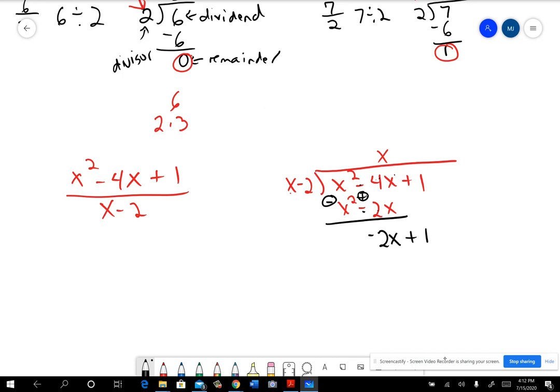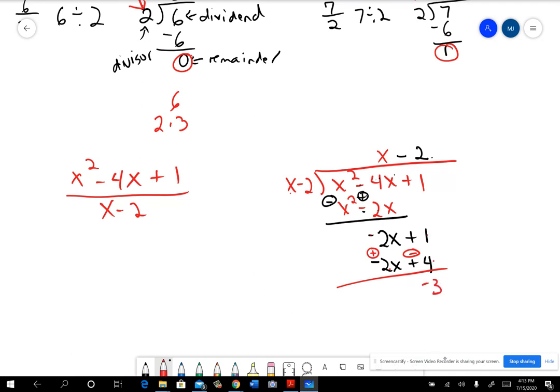And then I'm going to go another round. X goes into negative 2x, negative 2 times. When I multiply back, I get negative 2x plus 4, but then I need to subtract all of that, so it works really well to go ahead and change the signs so that I could think of it as an adding problem. Then these would cancel out, and then 1 and a negative 4, that would be negative 3.